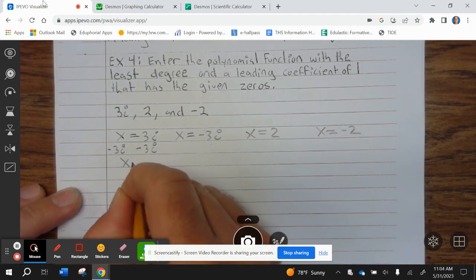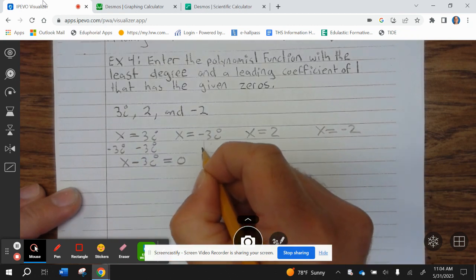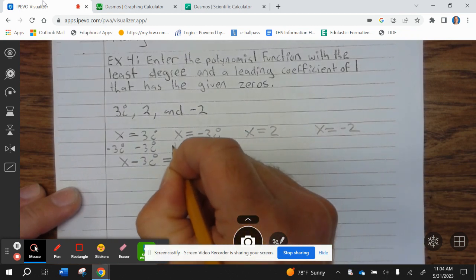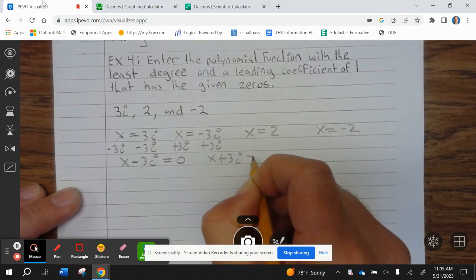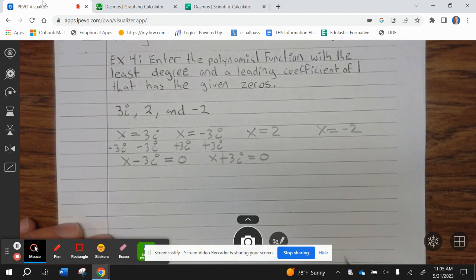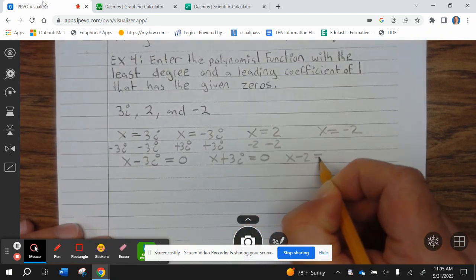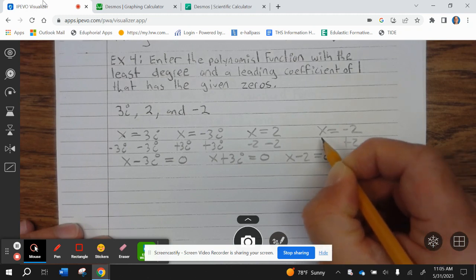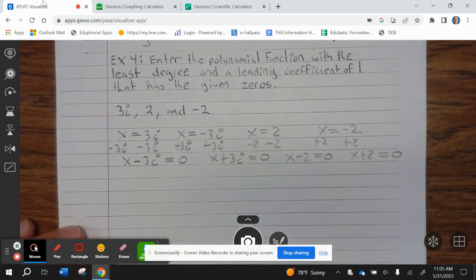So now we have x minus 3i equal to 0. We're going to add 3i to both sides. So now we have x plus 3i equal to 0. We're going to subtract 2 from both sides. Now we have x minus 2 equal to 0. Add 2 to both sides, we get x plus 2 equal to 0.